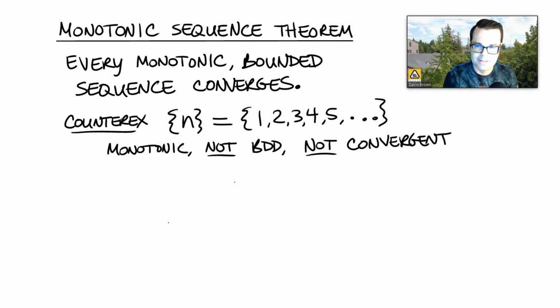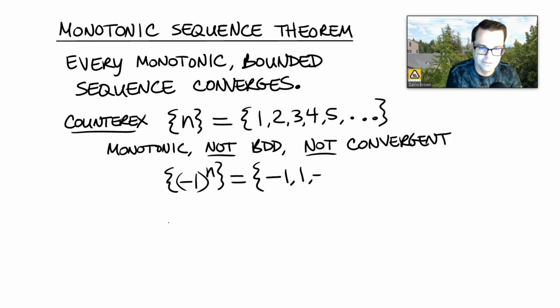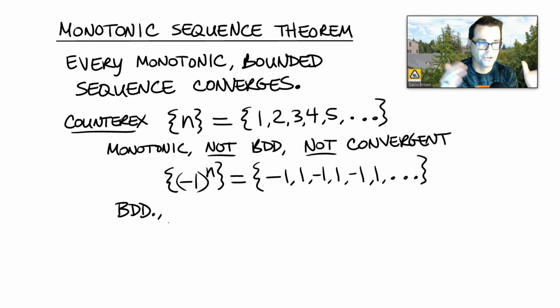And another example we could use would be (-1)^n. So this is the sequence -1, 1, -1, 1, and so on. So it's constantly oscillating back and forth, alternating between those two. Now this is a bounded sequence, right? The terms don't get big.